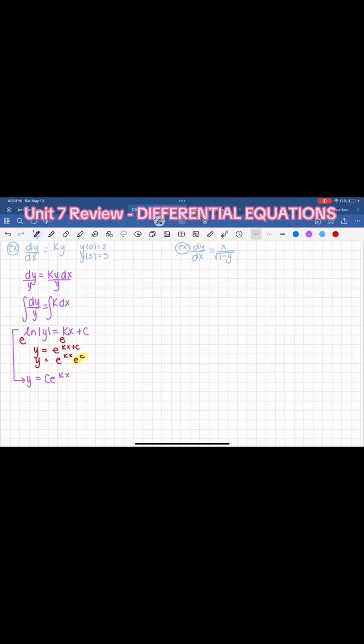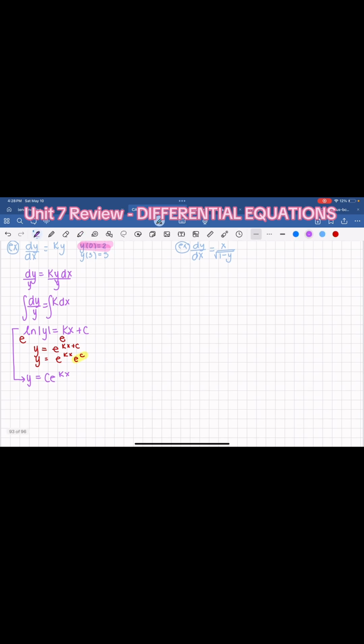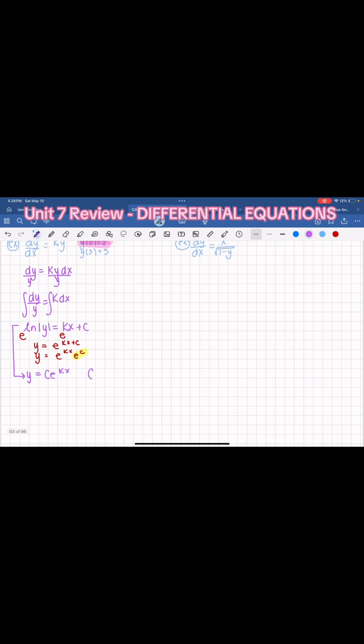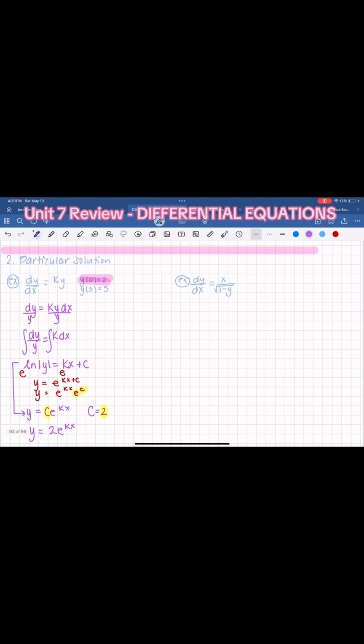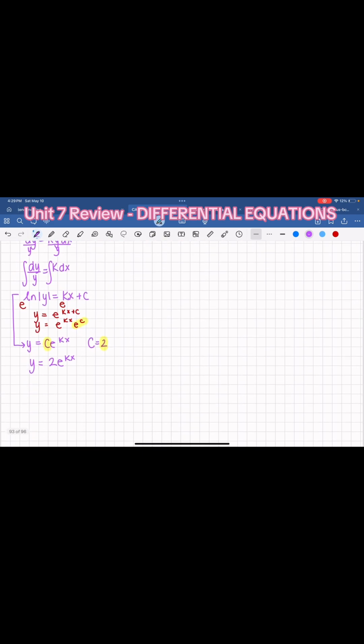Now, C is always going to be the initial condition at zero. So when x is 0, y is 2, that means C is going to be 2. We now need to replace C with 2. Okay, so we're going to have y equals 2e to the kx. We're going to use our other initial condition, y of 3 equals 5, to solve for k.